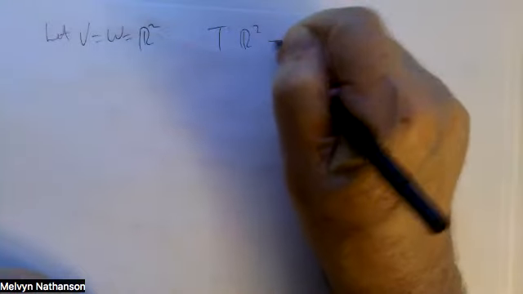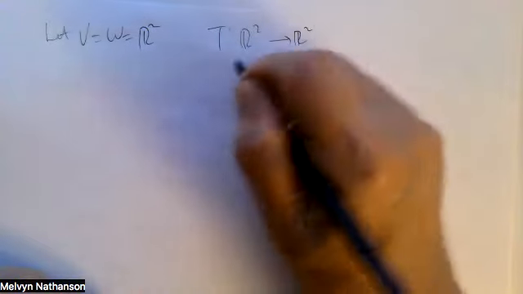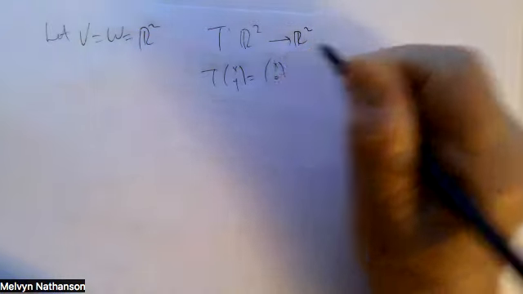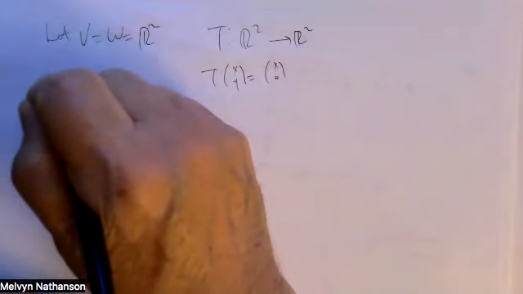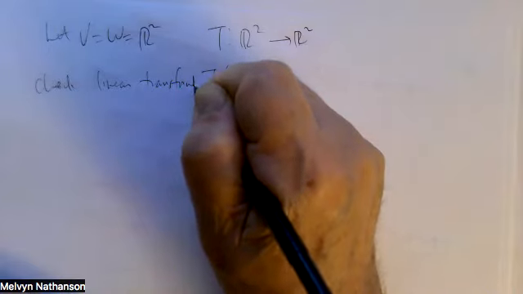Let's look at a couple of very simple examples of linear transformations and their kernels and images. So suppose we let V equal W be R2, and we look at a linear transformation from R2 to R2, and let's say it's the following: T of (x, y) is the vector (x, 0). Check that this is a linear transformation.